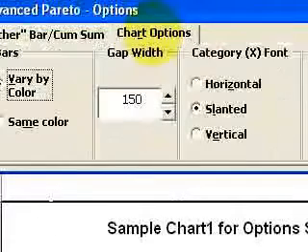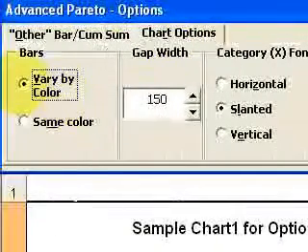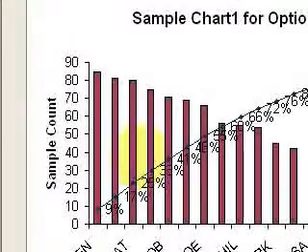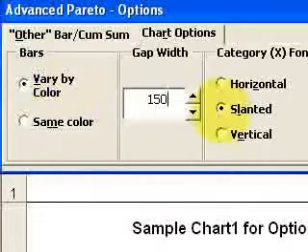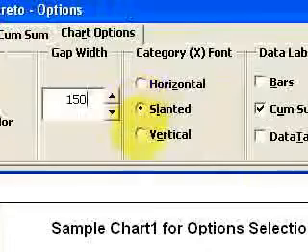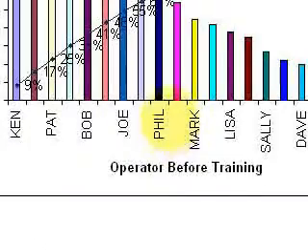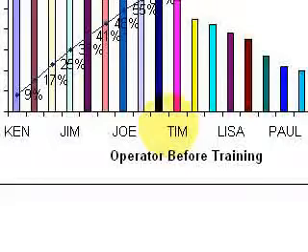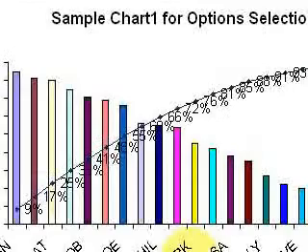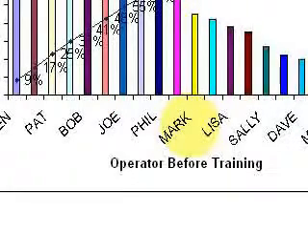Then you can go to chart options. You can make it vary by color or do the same color with this default maroon here. I like to vary it by color. And then so that the information is easier to read, you want to make sure you've got it set on not vertical or horizontal like this, depending on how many categories you have, but slanted helps it be easier to read when you have a lot of different categories.